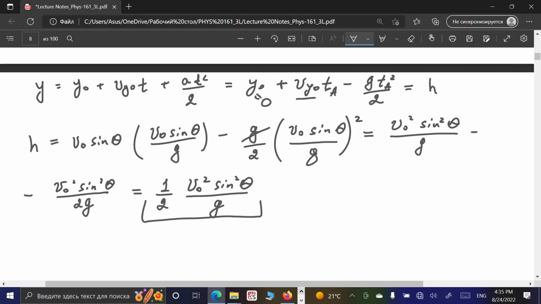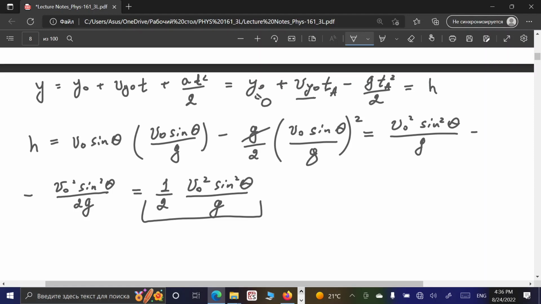And now we can go further and use time ta for the purpose of determining this x range r, the length of the trajectory along axis x.